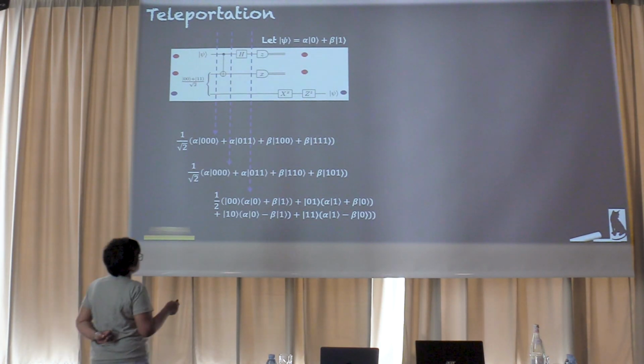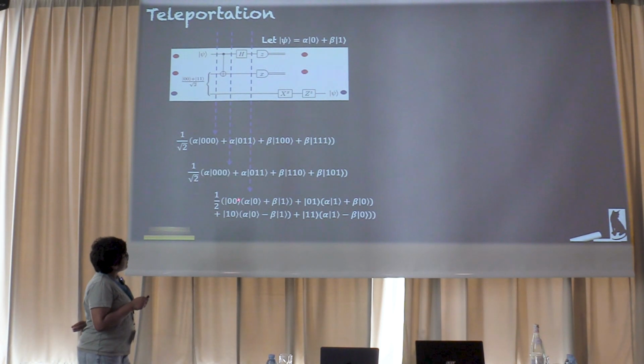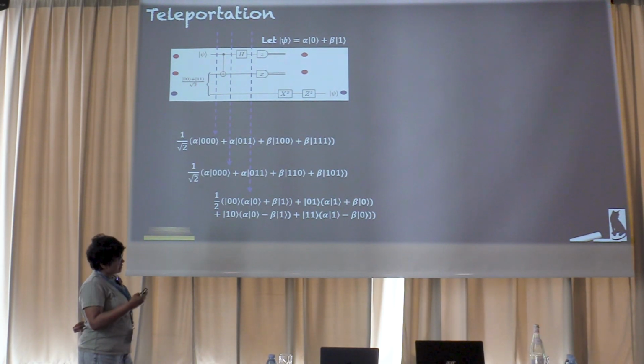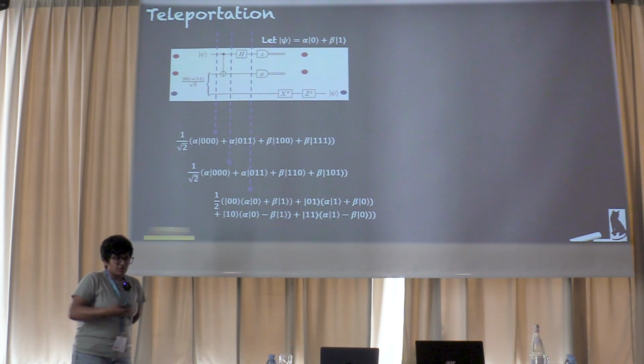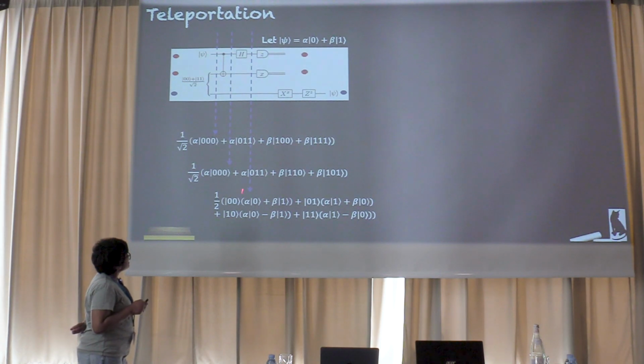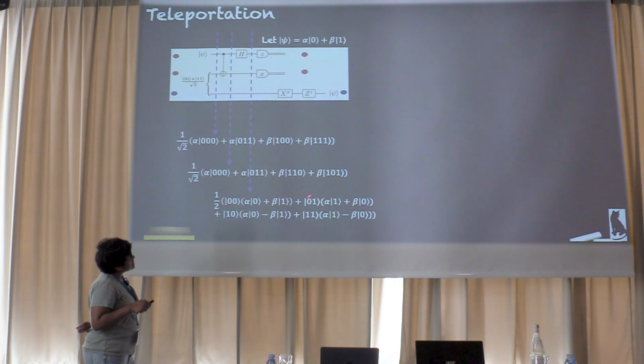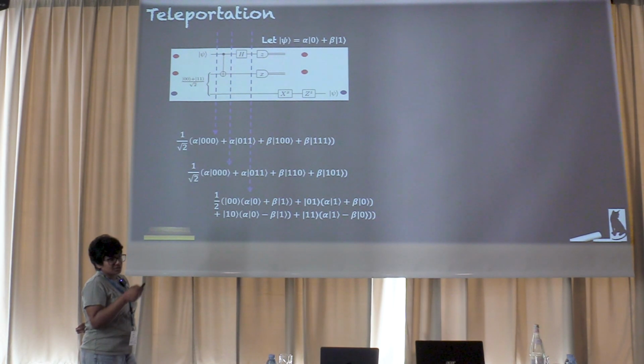Now look at the state once. If I just read the state, like I want to understand what the state means. This state means if Alice were to measure the first 2 qubits, and if it were to come 0, 0, then the state at Bob's end would have been alpha 0 plus beta 1. If Alice measured the first 2 qubits, because first 2 qubits are with Alice, so it can measure.